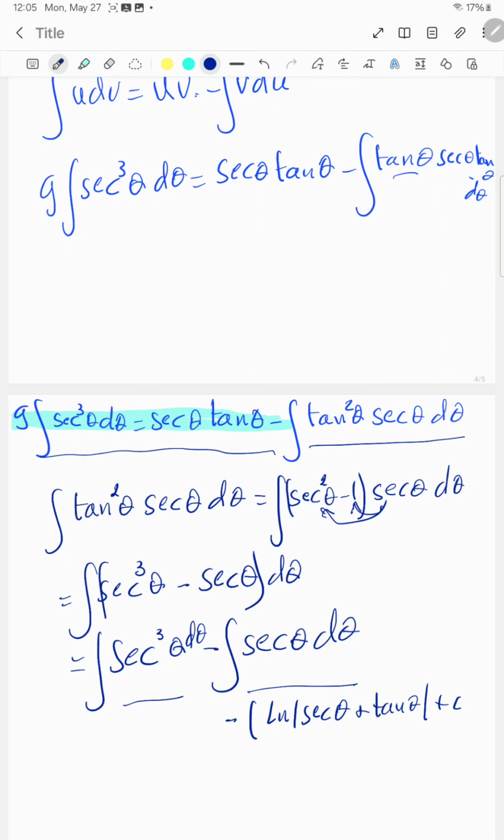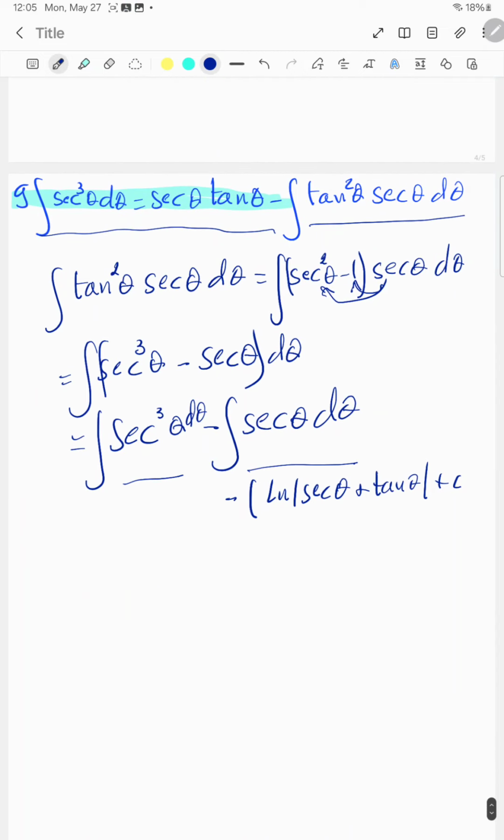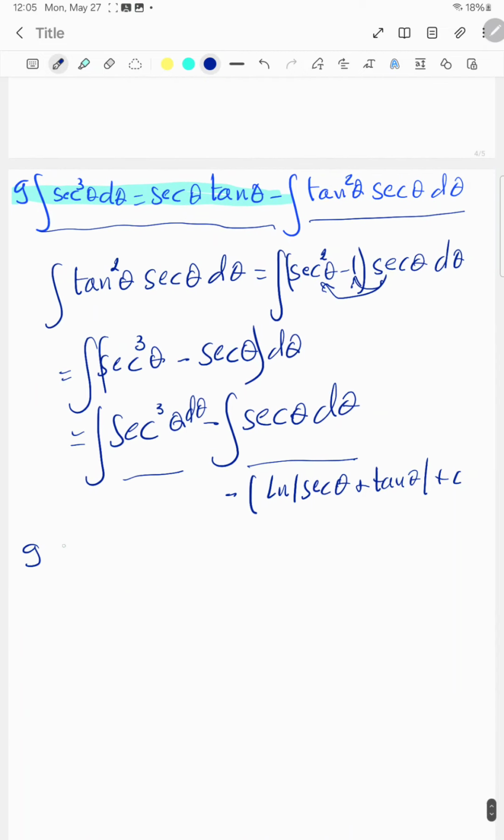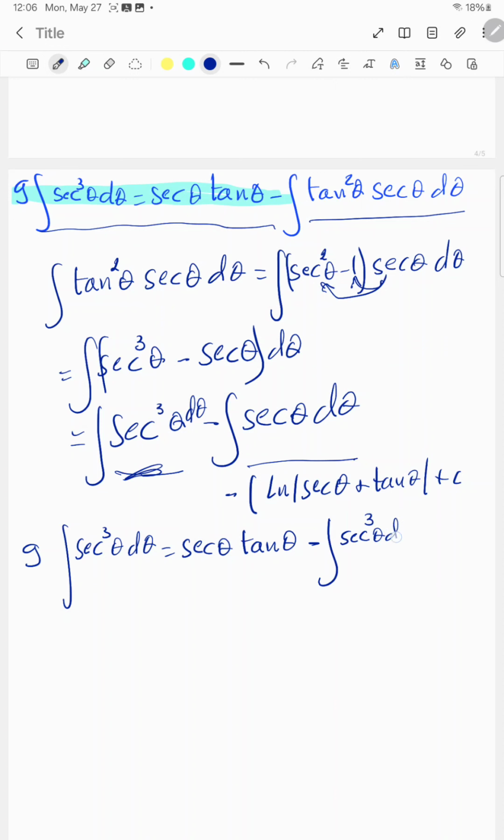And this sec cubed of theta, now I will rewrite what I did not write here. So I will have 9 times the integral of sec to the power of 3 theta d theta equal to sec theta tan theta minus the integral of sec to the power of 3 theta d theta, minus, here I have the minus, one minute.